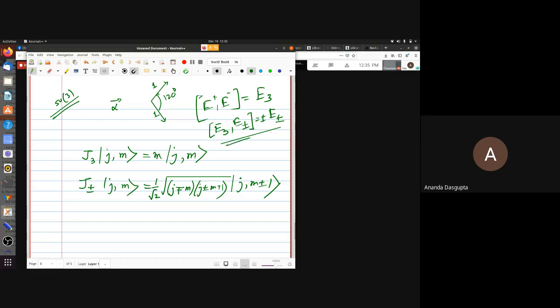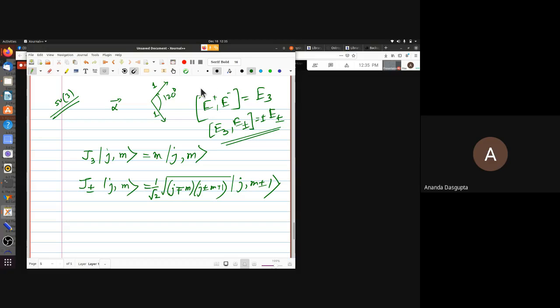So this relation is the same as the J3, J plus minus commutations that you had learned before. But if you just use Jx plus minus iJy as J plus minus, there would be a 2 here. There's no 2 simply because you have rescaled E plus and E minus both by 1 by root 2.